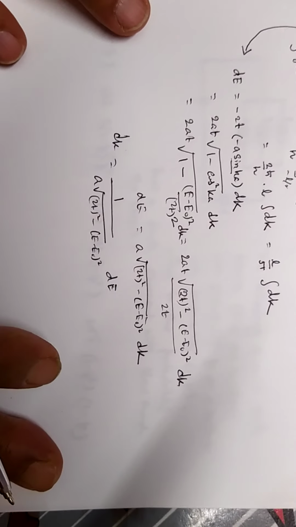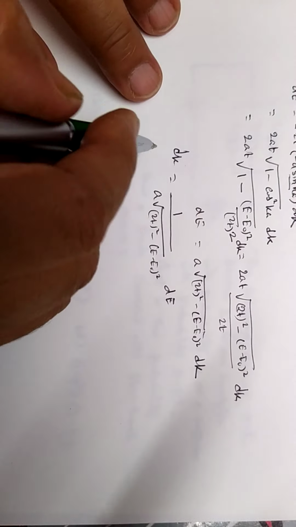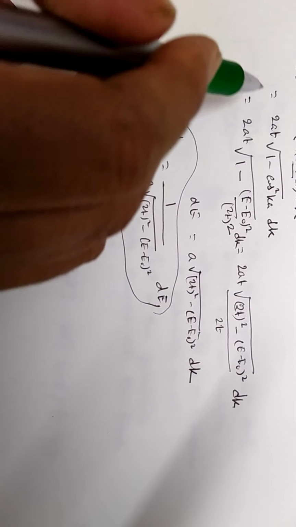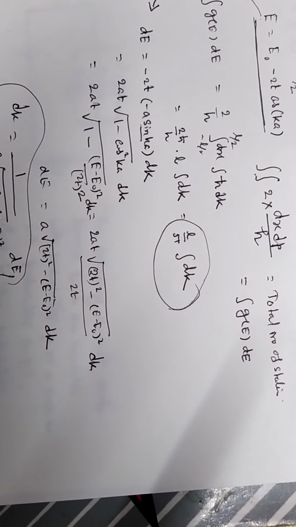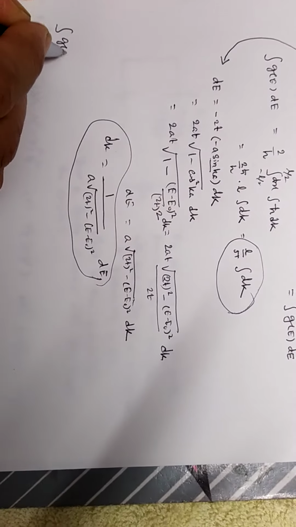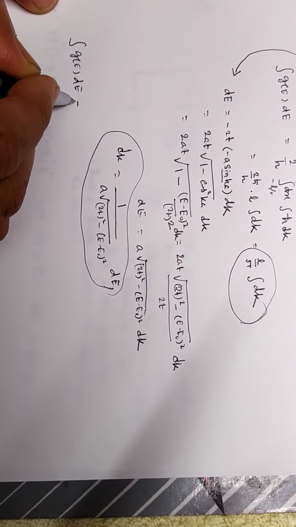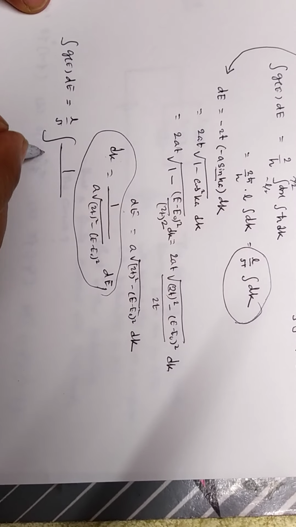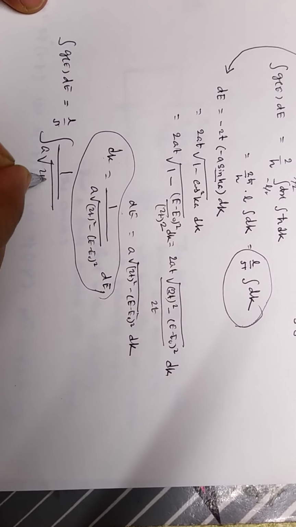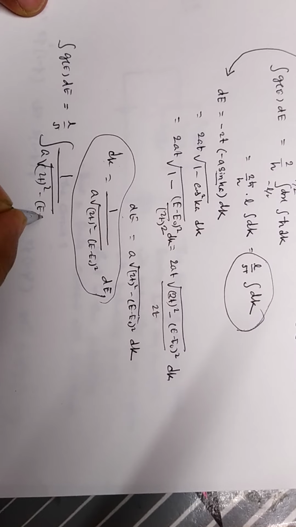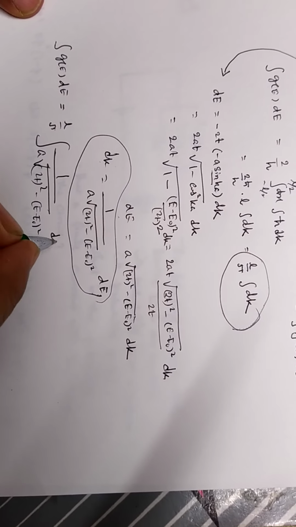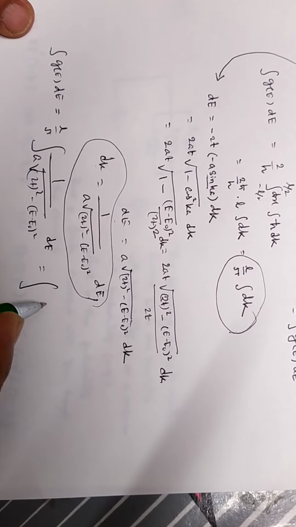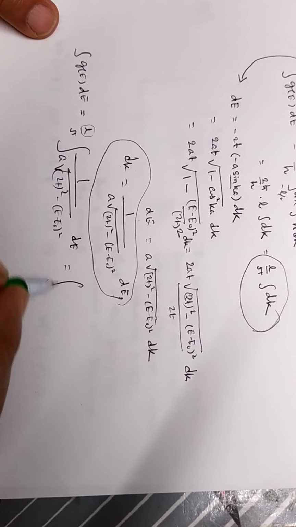Okay, then we can substitute this in our earlier expression, right? And therefore integration g(E) dE equals L by pi integration, now put dk, 1 by a square root of 2t square minus E minus E naught square dE, right? Now this L is na, right?